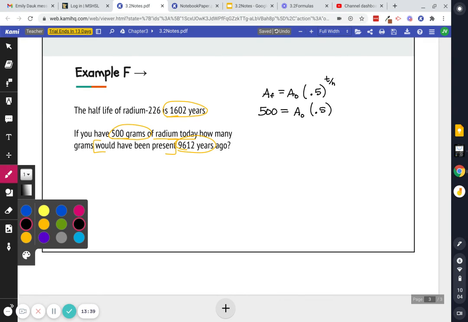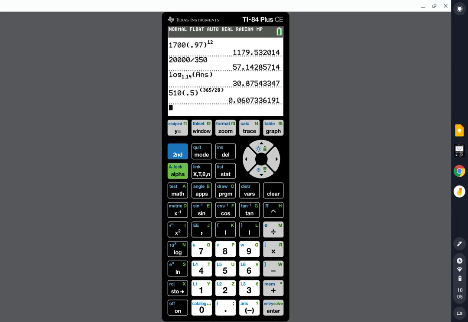It's been cut in half over the course of 9,612 years at a half-life of 1,602 years. So this is a weird question, but it's kind of awesome. 500 equals A initial, 0.5.